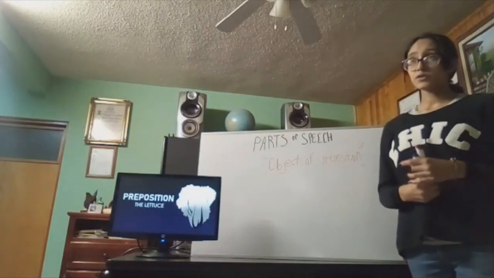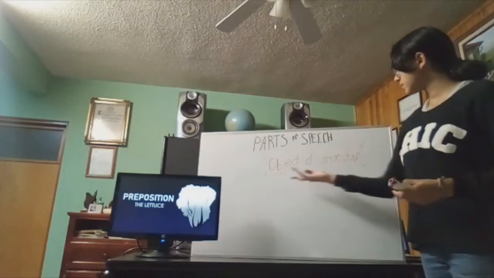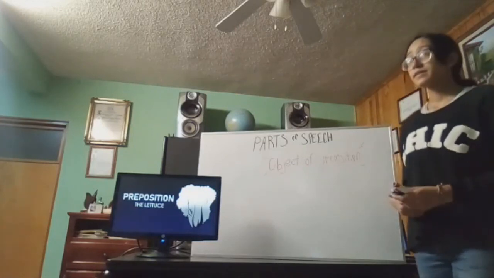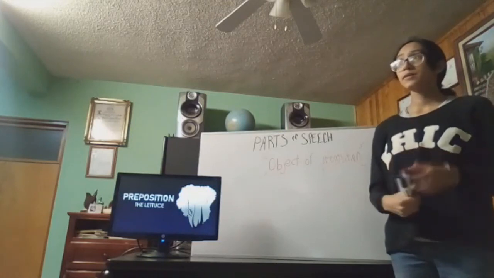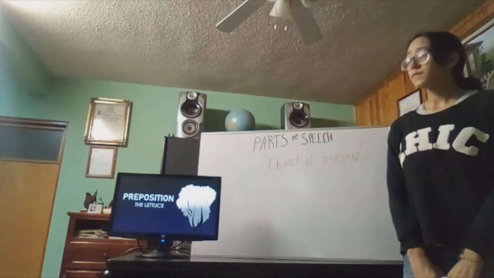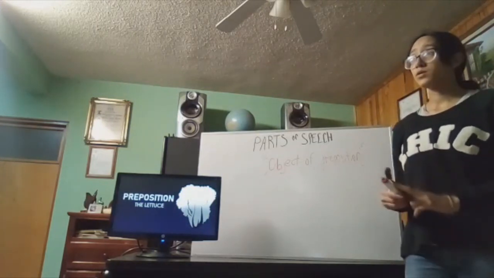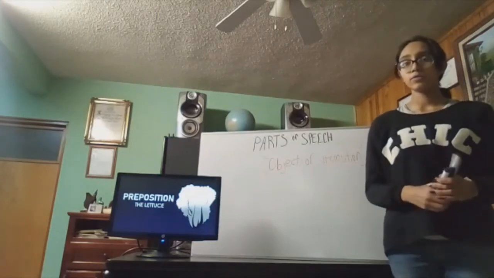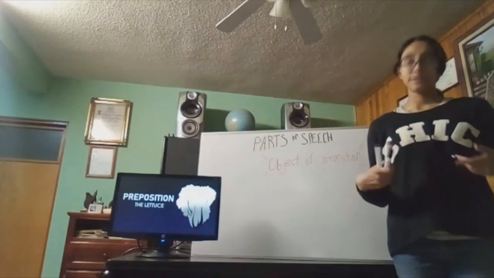In this case, the result of that is something that we call the object of the preposition. This is the link between the two, and it's important to know it by name and by how they are used. Some of the prepositions that we can find are above, below, about, after, before, etc.